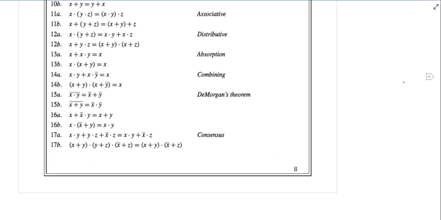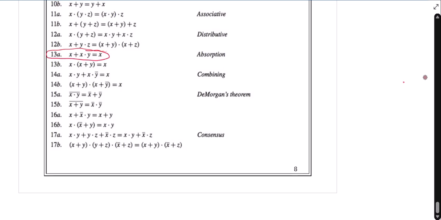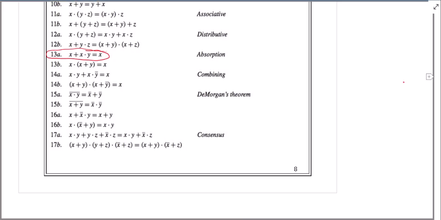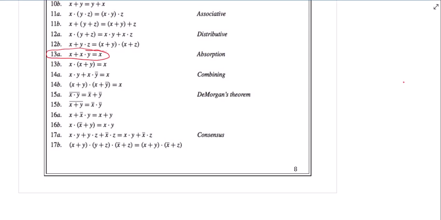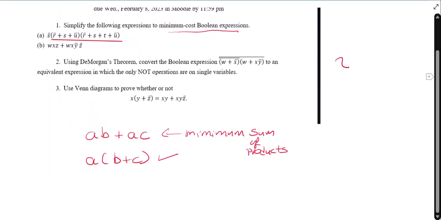So I'm going to look at my theorems, and I see right here theorem 13a: x times (x plus y) equals x.